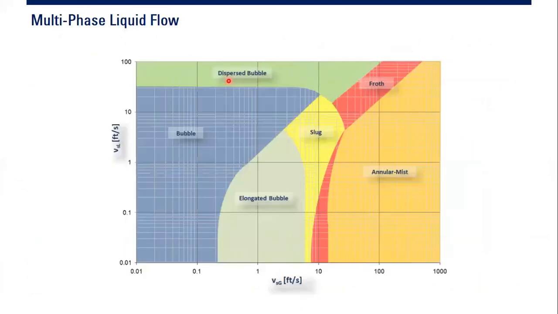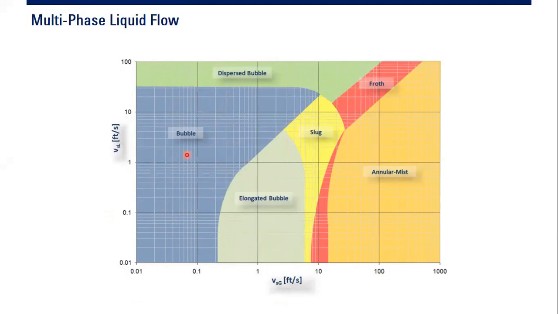To distinguish the flow regime, we usually use this flow regime map. To construct this map, we need the superficial gas velocity shown on the horizontal axis and the superficial liquid velocity shown on the vertical axis.